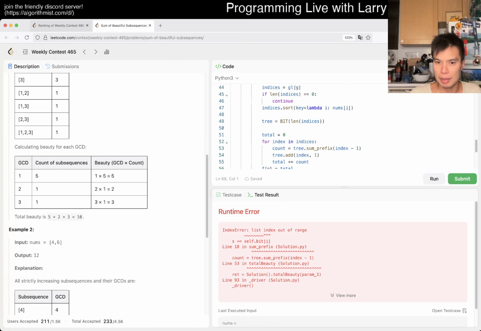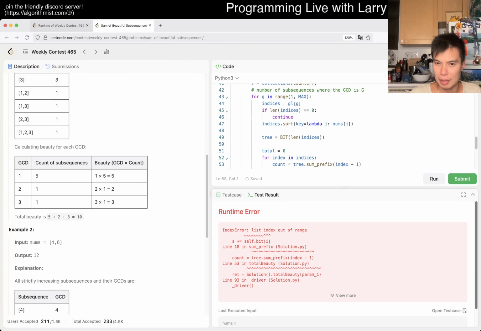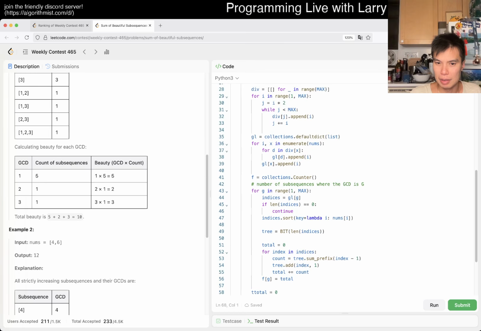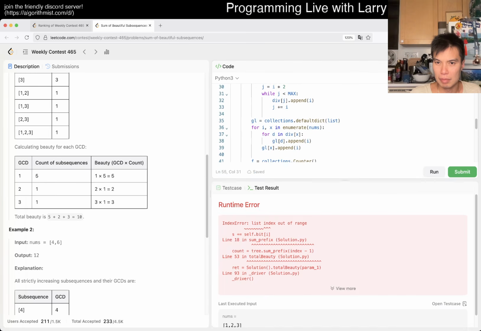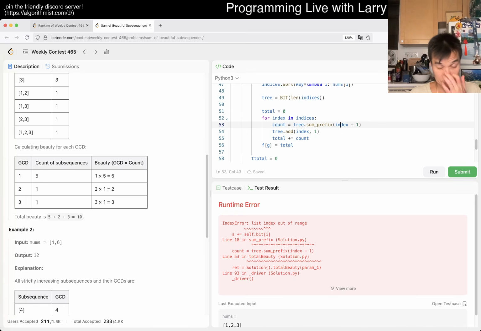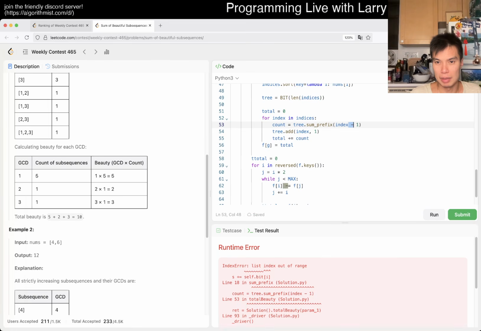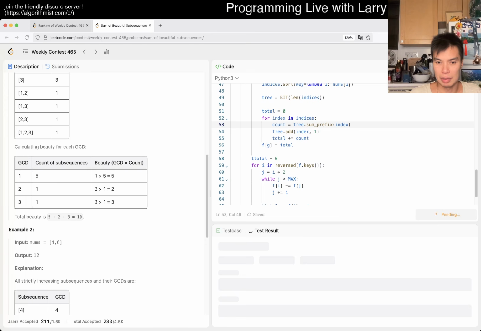Something like that. Okay, what did I do? Some prefix. That's weird, right? I guess index can be 0, so maybe that just makes things weird. Okay, fine.